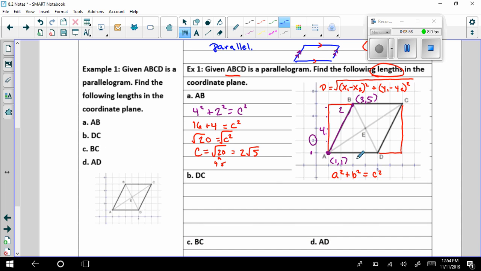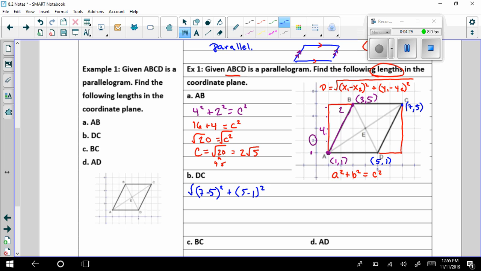DC, same thing. So let's look at the coordinates here. This is (5, 1). This would be (7, 5). So if we use our distance formula this time, we have x1 minus x2. I'm going to use my bigger numbers as my 1s. So 7 minus 5 squared plus my y's, 5 minus 1 squared.